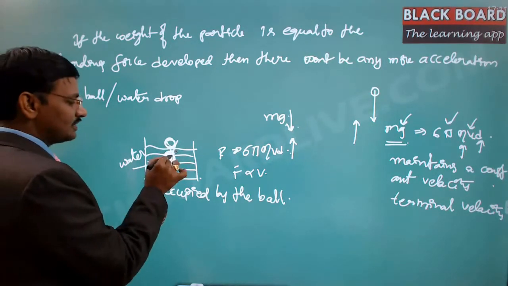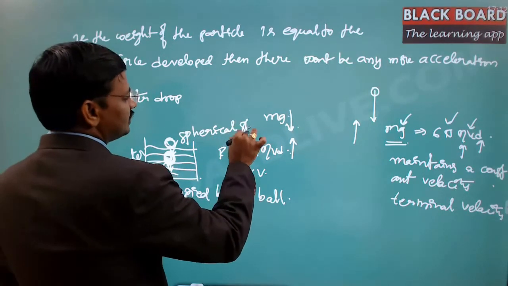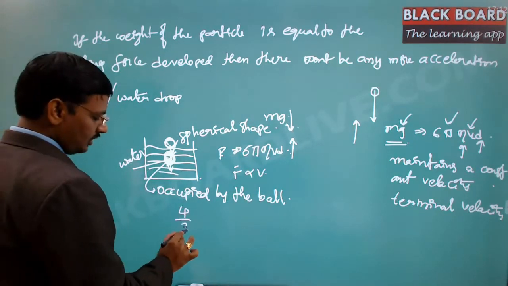Let us say this is a spherical shape. Then the volume of any sphere is 4/3 pi r cube.